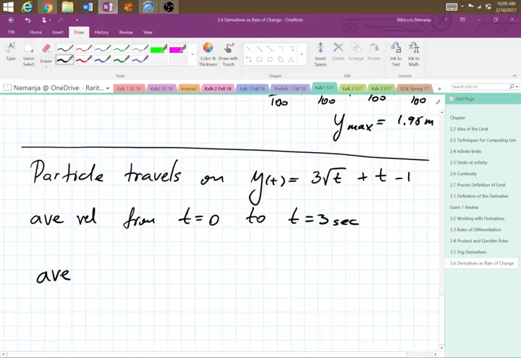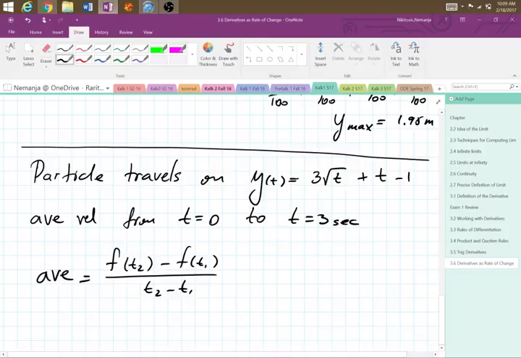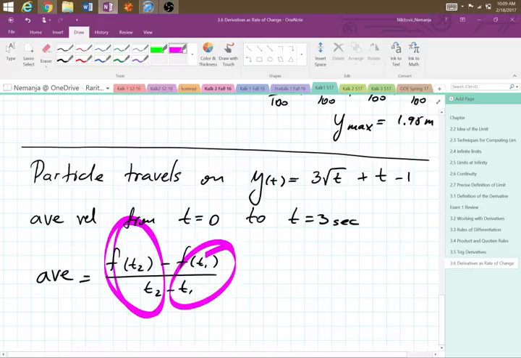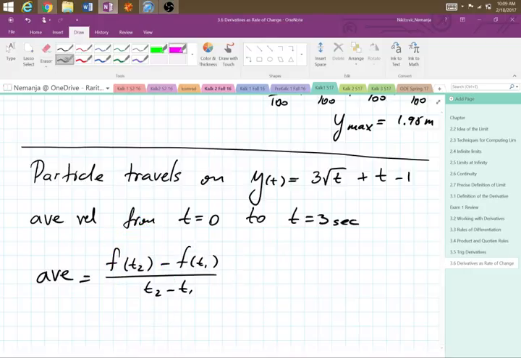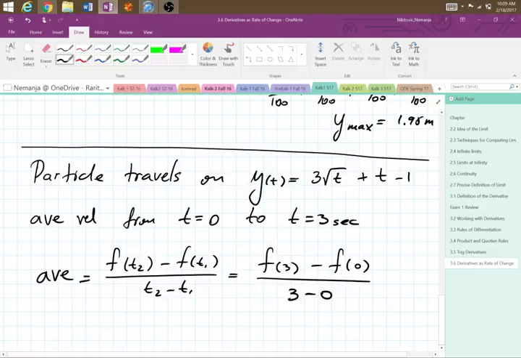So average is going to be f of t2 minus f of t1 divided by t2 minus t1. So it's the final stage minus the initial beginning stage. So I will have f computed at 3 minus f computed at 0 divided by 3 minus 0.